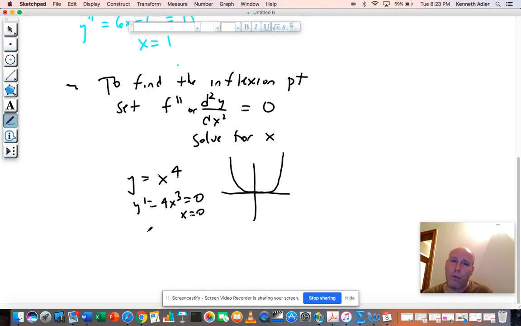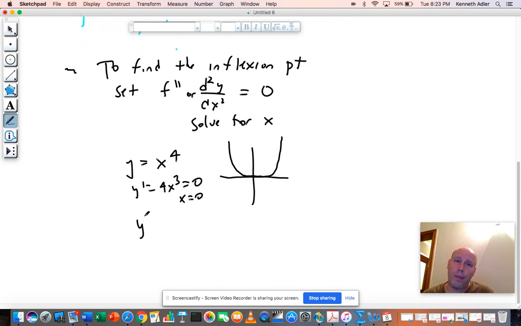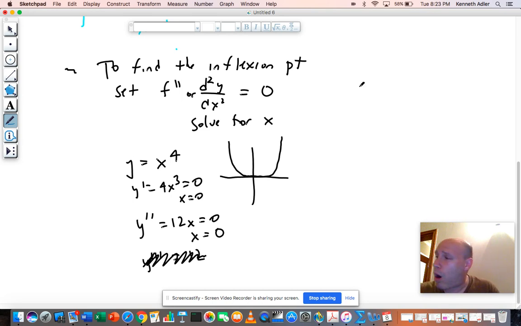But when we set the second derivative equal to 0, and even the third derivative, it's not an inflection point. That's the exception to the rule. Anyway, 16I, work on the problems.